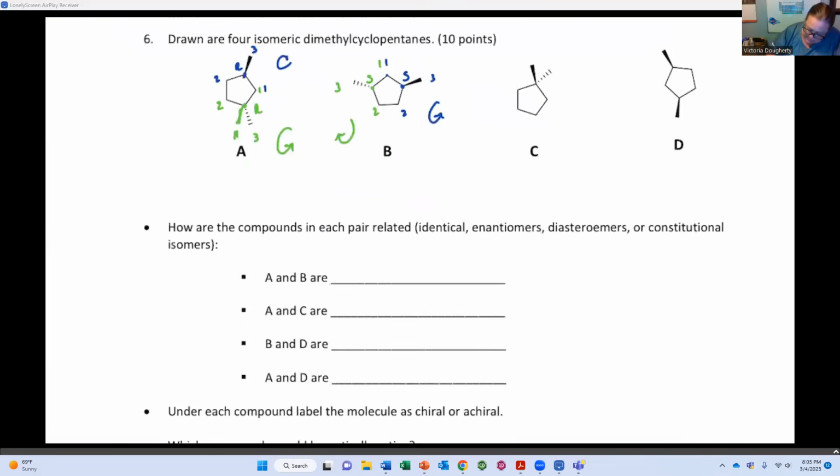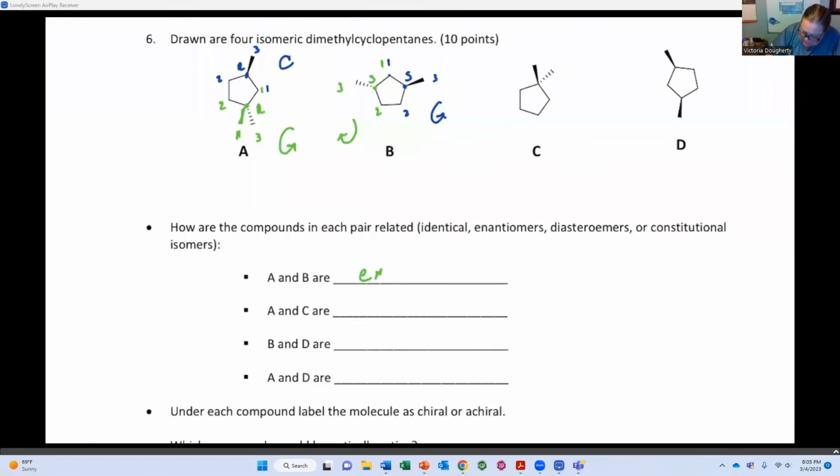So A and B are what? By definition, they are enantiomers. A and C are what? Okay. They're constitutional isomers, right? Because A has 1,3 dimethyl and C is what? 1,1 dimethyl. Okay. So if you're not sure, you can always name them. Okay. So these are constitutional isomers, CI.